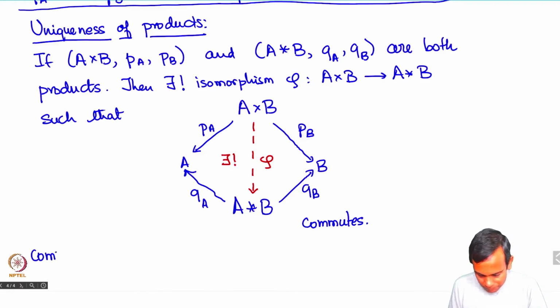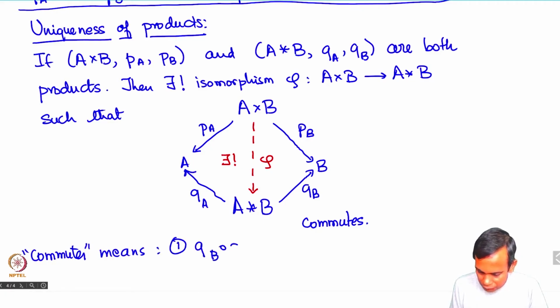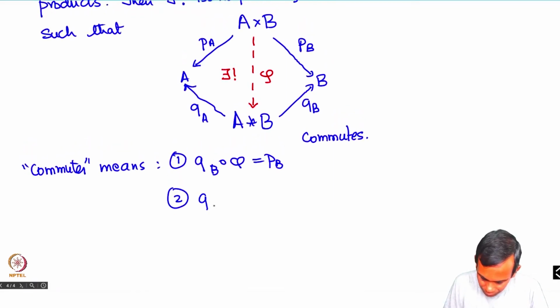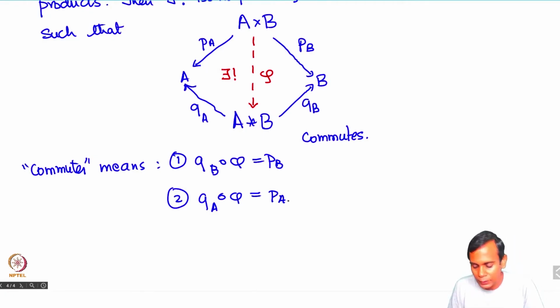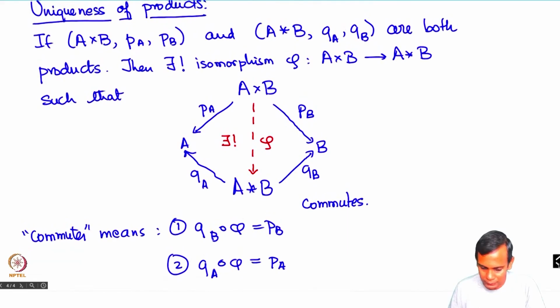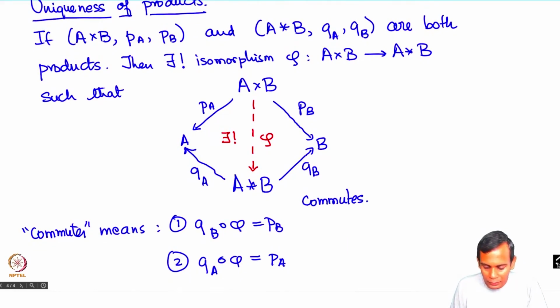Commutes means, one, that QB circle phi is equal to PB, and secondly QA circle phi is equal to PA. So these are the two assertions being made here. Okay, so that's the statement of the uniqueness of products. And now let's go on to prove this.